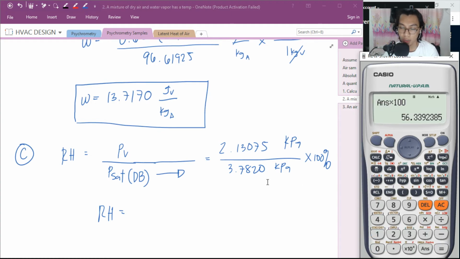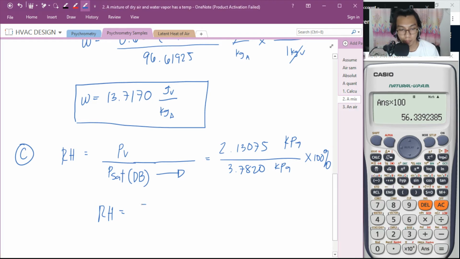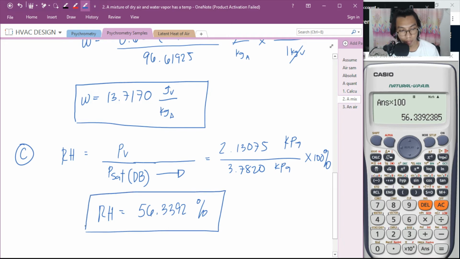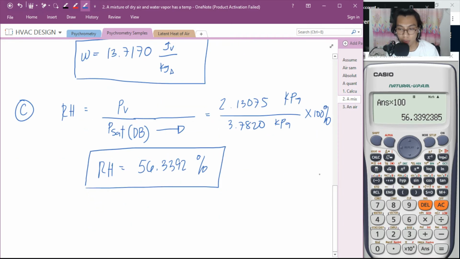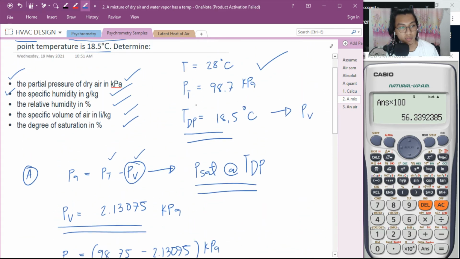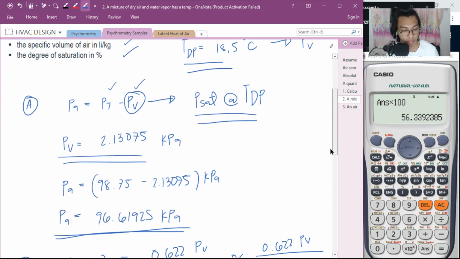Yan. So, that is 56.3392%. Basic. So, another one. Na-solve na natin itong 3. Meron pa. Mahaba talaga to. The specific volume of air in liter per kilogram.